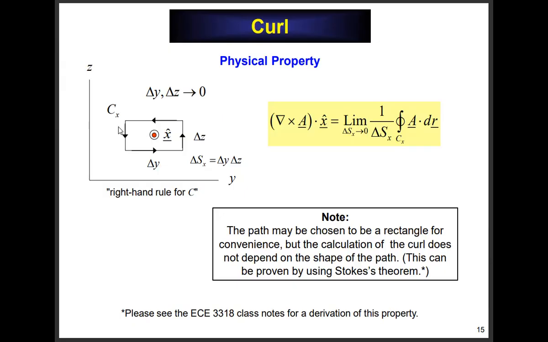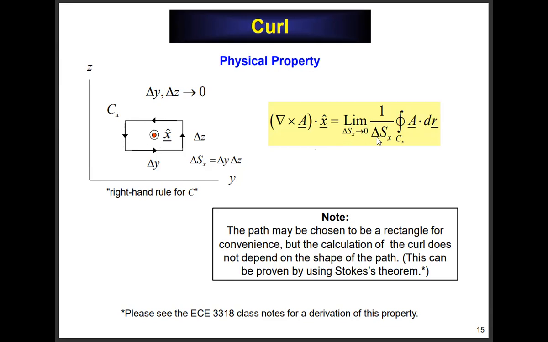And here's the reminder of how we interpret the X component of the curl at this point right here. Point your thumb in that direction, X direction. Make a little path that goes around your thumb. Usually people use rectangular, but it doesn't have to be. A little area here. And then you integrate the vector function going in that direction, counterclockwise around the path, and then divide by the area of the path.